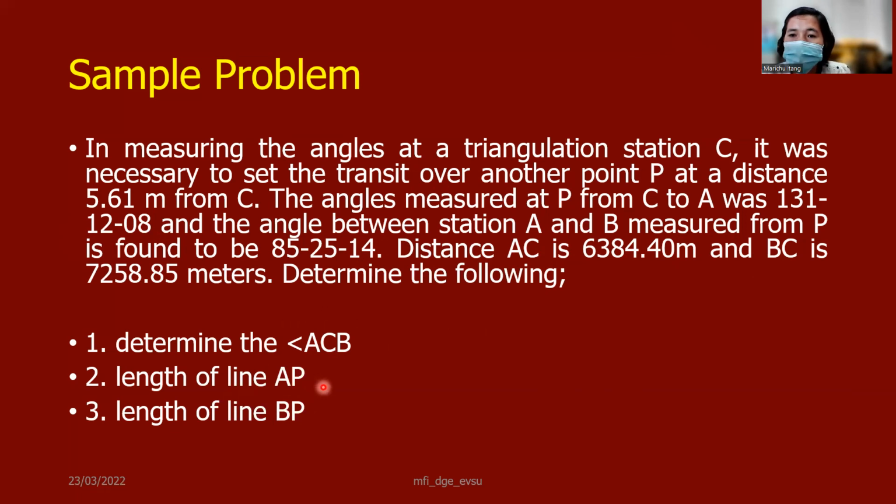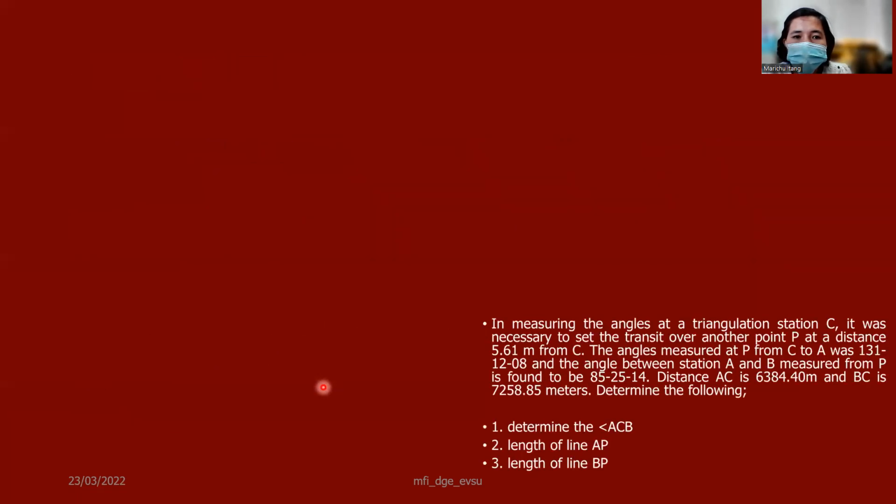So let's have an illustration. For the illustration here, let's say this is your C, and mag-establish kita ng point P. So let's measure 5.61 meters from point C, and let's say we have here our point P. Okay, next. We have here given 131 degrees, 12 minutes, and 08 seconds.